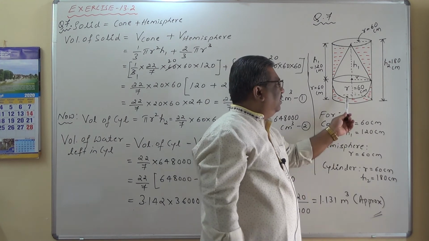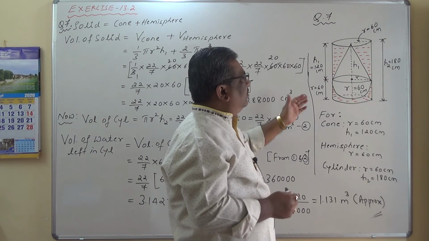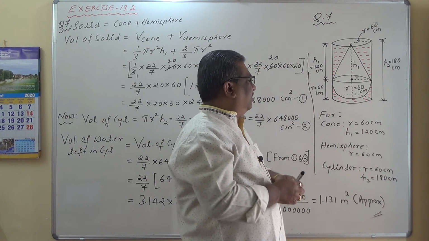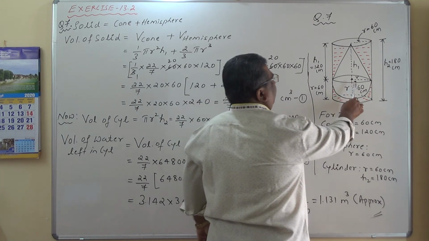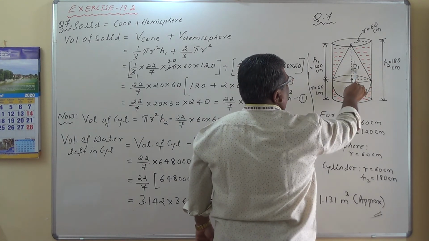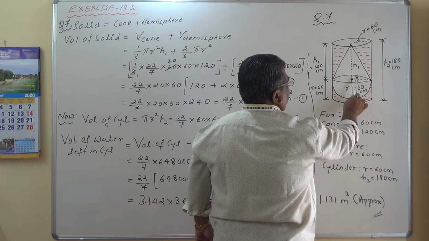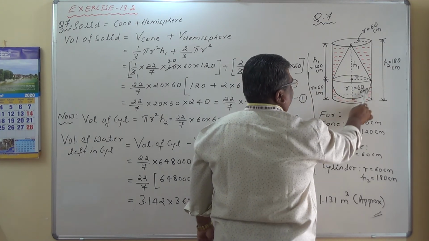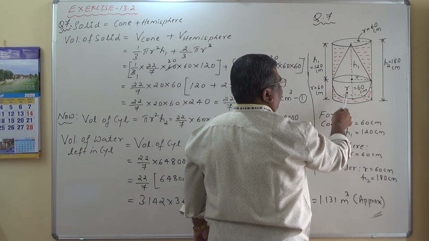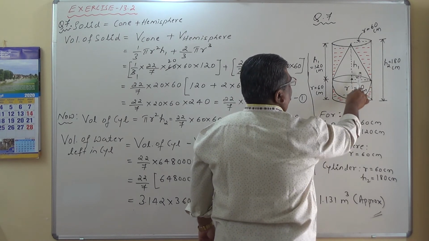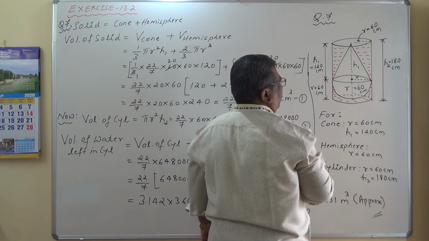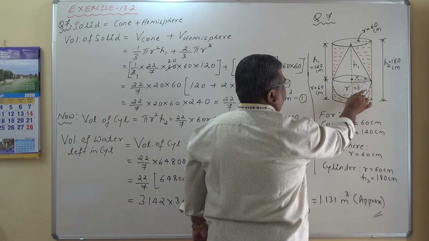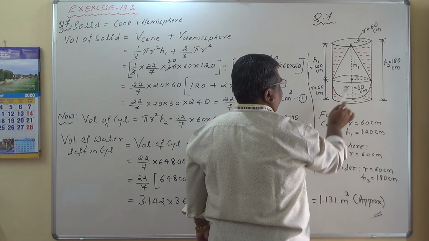First, let us see the dimensions of the solid and the dimension of the cylinder. Clearly it is given, height of the cone is 120 centimeter and radius is 60 centimeter. Similarly, for the hemispherical base, the radius of the cone is equal to radius of the hemisphere. So from here to here, this is radius, also from here to here, the radius, which is 60 centimeter.